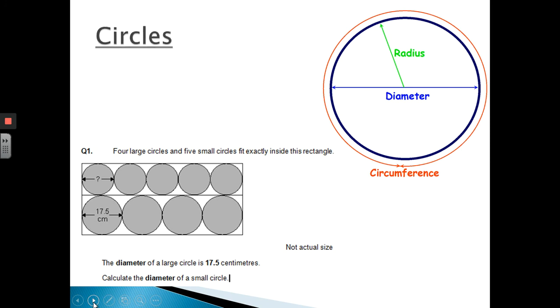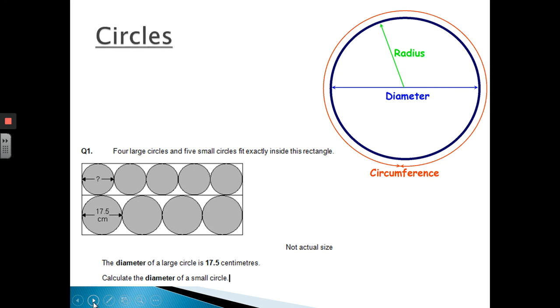Okay, so the way I would tackle this question is I would add up. I know that there are 4 parts in the whole length of that rectangle. One of the parts is 17.5, so I would multiply that out by 4. So I'd get the full length of that rectangle: 17.5 plus 17.5 is 35.